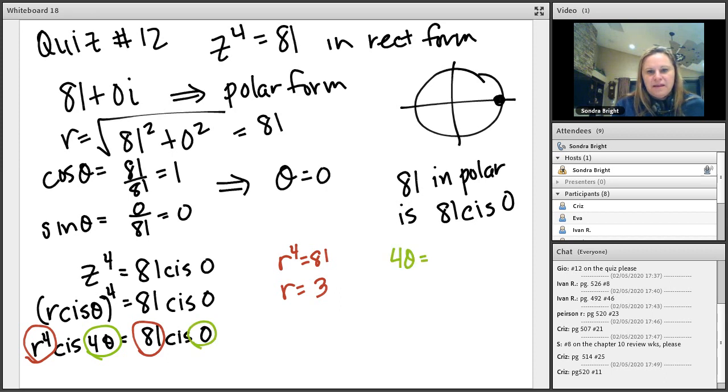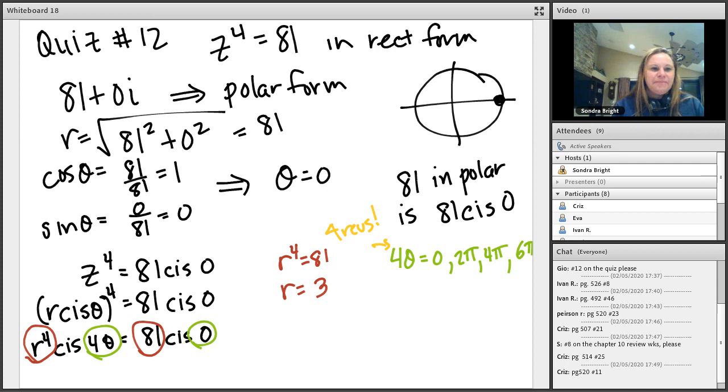And then the other thing that's true is 4 theta must equal 0, but also you've got to go around 4 times. So 4 theta equals 0, or 2 pi, or 4 pi, or 6 pi. Remember, since it's 4 times theta, you're going to go around 4 times, 4 revolutions.